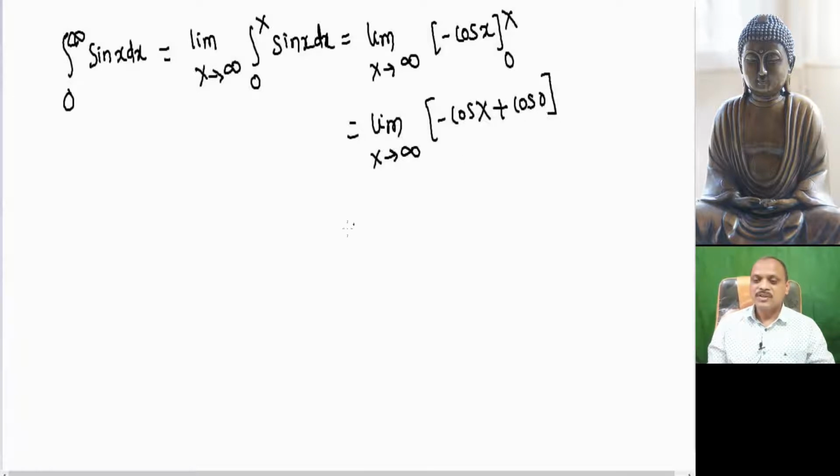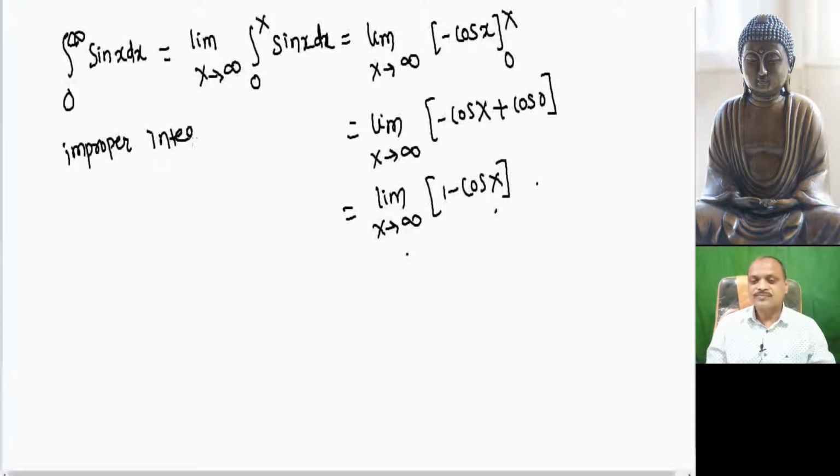So this limit becomes the limit as capital X tends to infinity of 1 minus cos of capital X, and cos of capital X as x tends to infinity does not exist, therefore the limit of this function does not exist. Hence the improper integral does not exist.